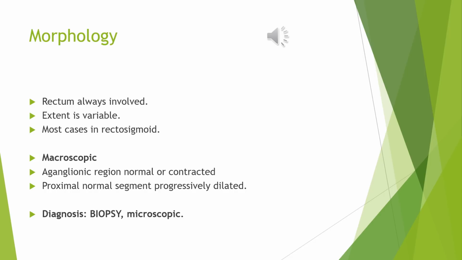The barium enema will help us with the typical characteristic feature of a contracted aganglionic segment and a dilated normally innervated segment. But the gold standard for the diagnosis is the biopsy. Usually a rectal full thickness biopsy is used for diagnosis, in which we will establish the absence of the ganglion cells in the myenteric plexus and in the submucosal plexus.